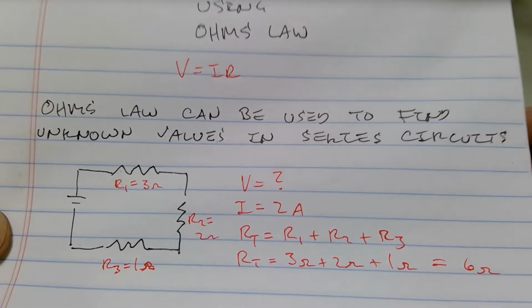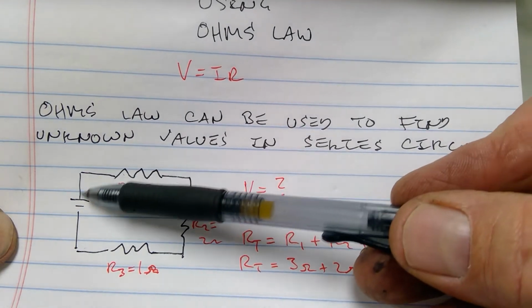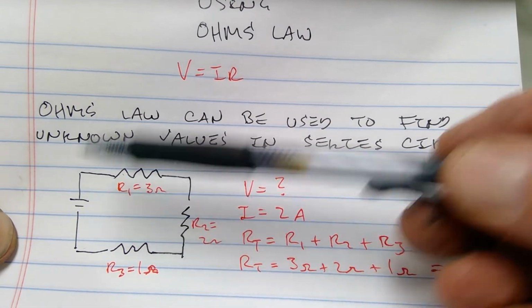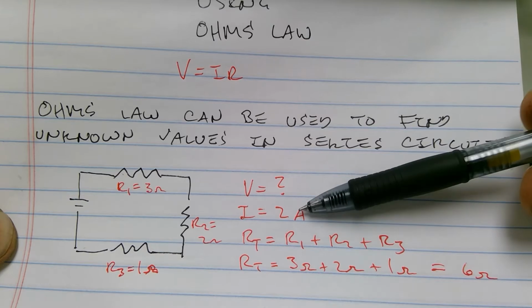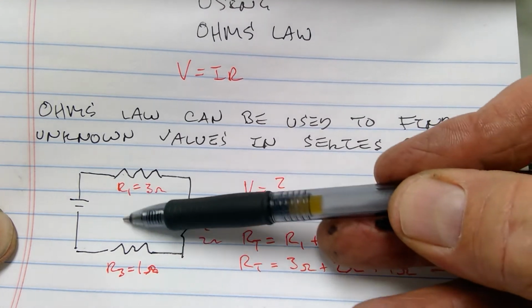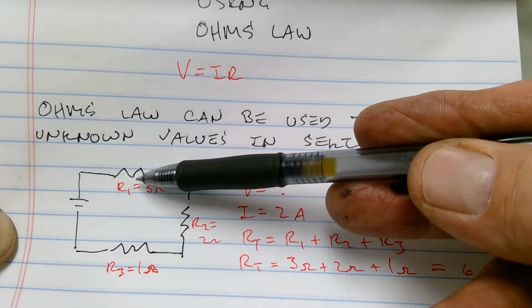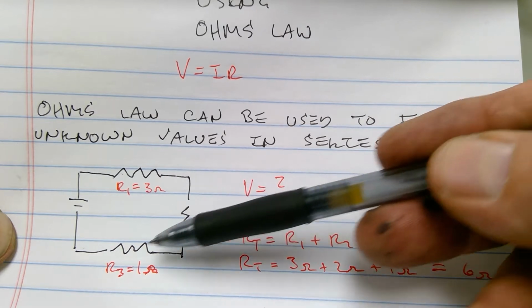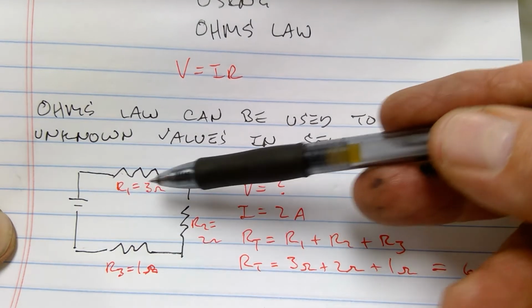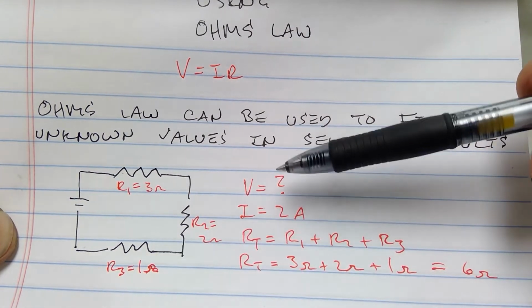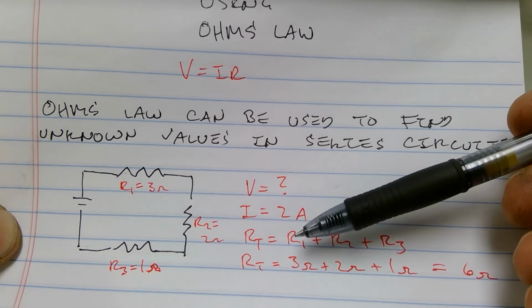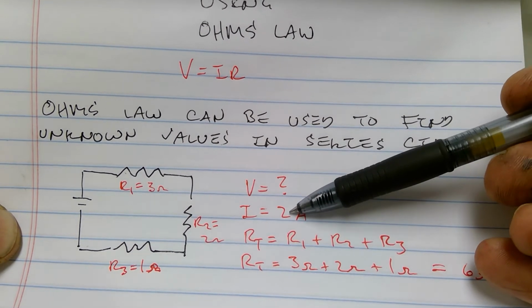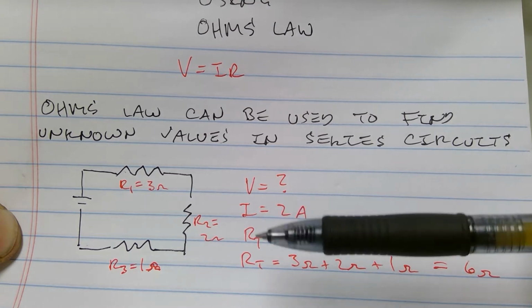So right here, if I don't know what V is, but I'm given that I is 2 amps, and I have the values of each one of my resistors, then finding V is very simple. I've got I already. I've been told it's 2 amps.